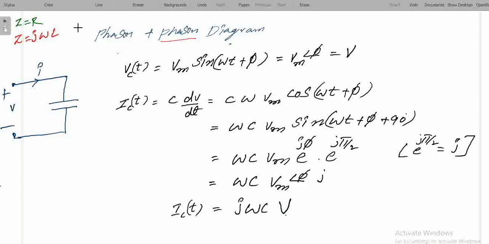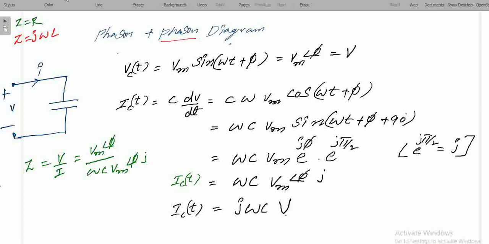Now let us find impedance. Impedance is equal to voltage by current. What is the voltage? Voltage is Vm into phi, and current Ic of t is equal to omega C Vm into phi into j.